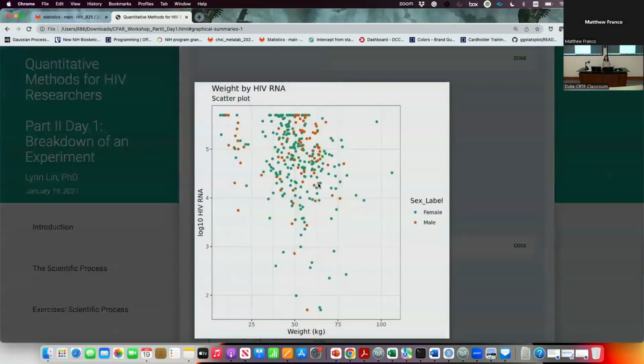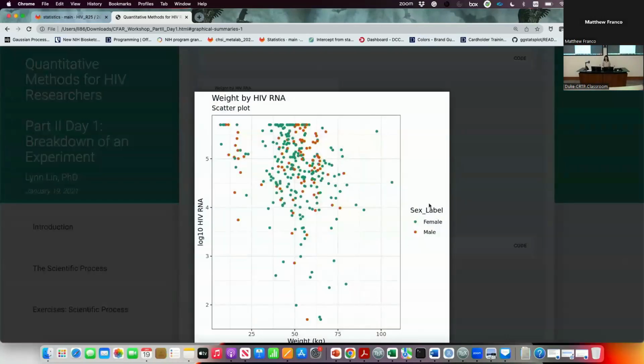Also here, the color is labeled by sex. You could see how the sexes are distributed among the scatter plot.